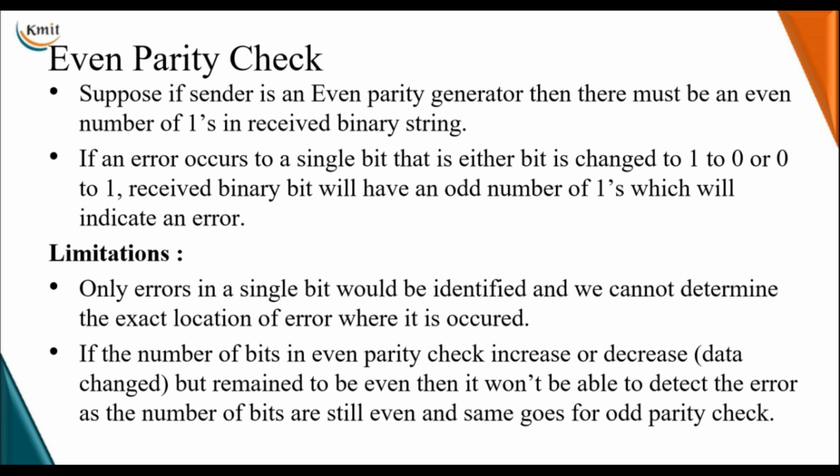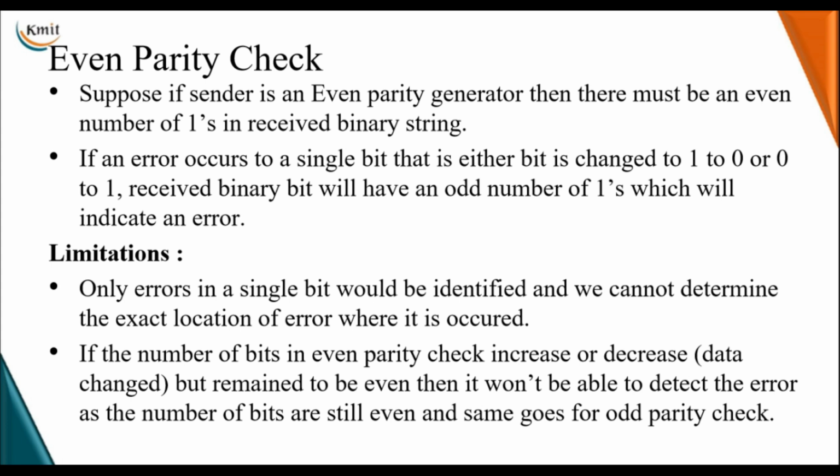Now the drawbacks of this: only a single bit error is identified, and we can't determine the exact location of where the error occurred. The second limitation is that it only checks even parity or odd parity. For example, if the data is changed multiple times, and even after changing the data it contains an even number of ones or an odd number of ones, it can't detect that.